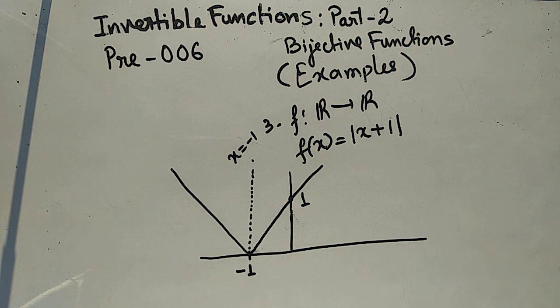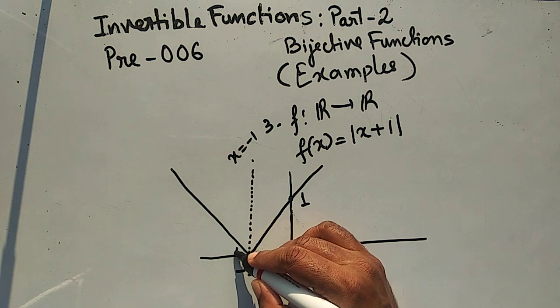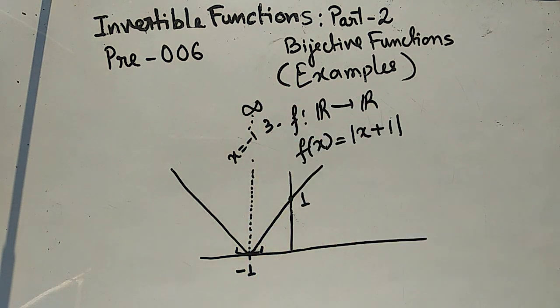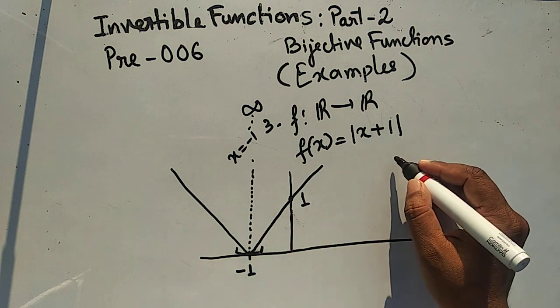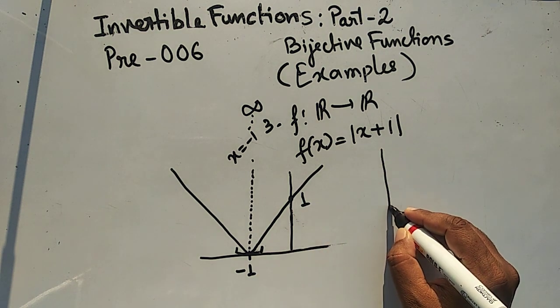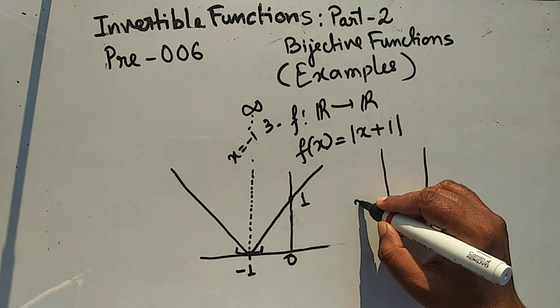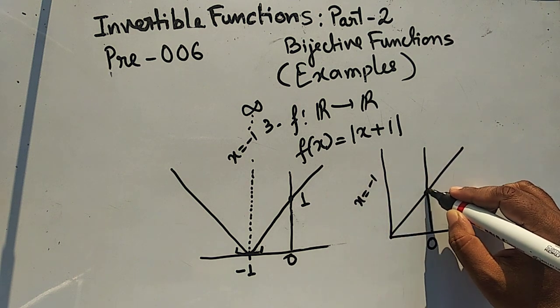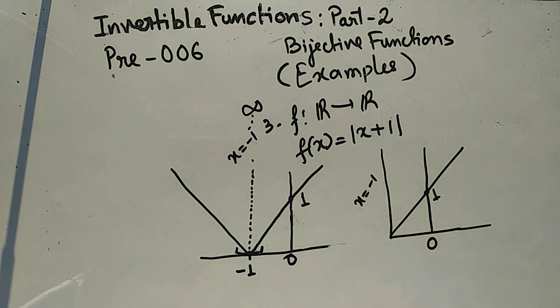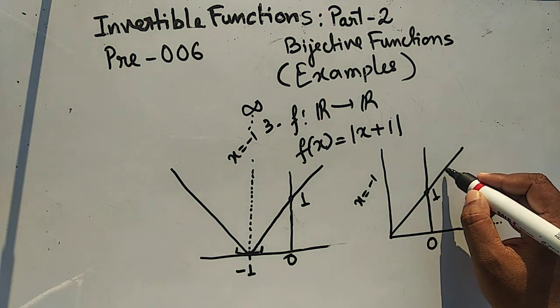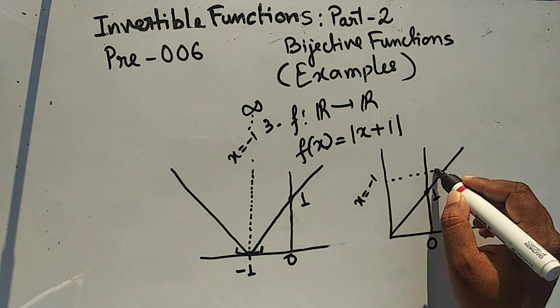Okay. Now see clearly. Your range is going from here upwards, up to infinity. So you take any one line. If I took this one, this is x equal to -1. If I take this one, for every point from here to here, for every x, I have a unique image.